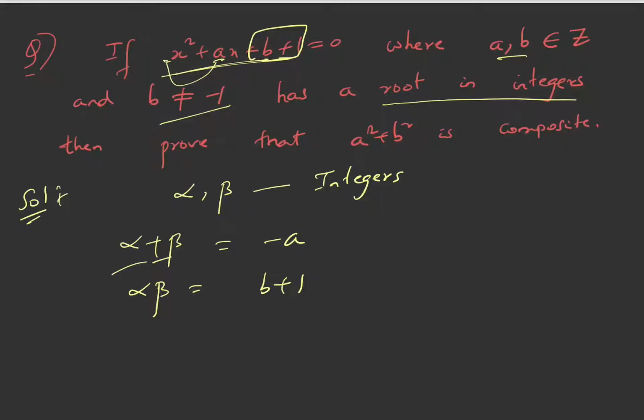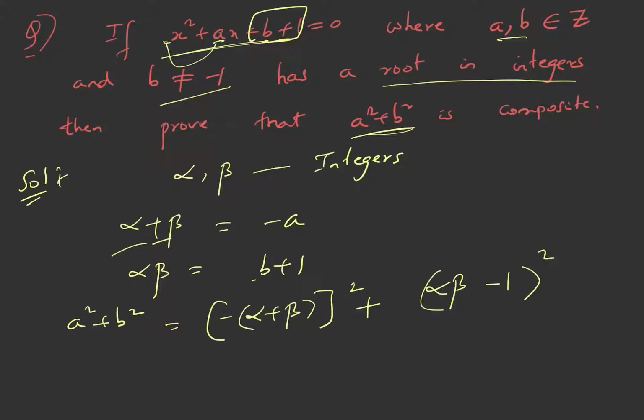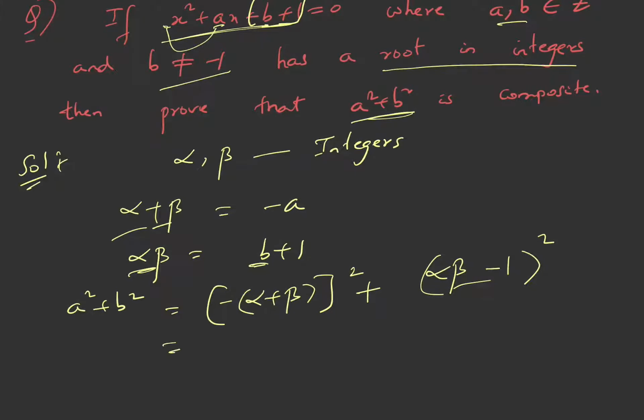Fine. So alpha, beta are integers and a and b are also integers. So let us consider a square plus b square. We need to prove that this is composite. Let us consider this. What is a square? Alpha plus beta whole square. And what is b square? Alpha beta minus 1 whole square, right? So b is alpha beta minus 1, so this is alpha beta minus 1 whole square.